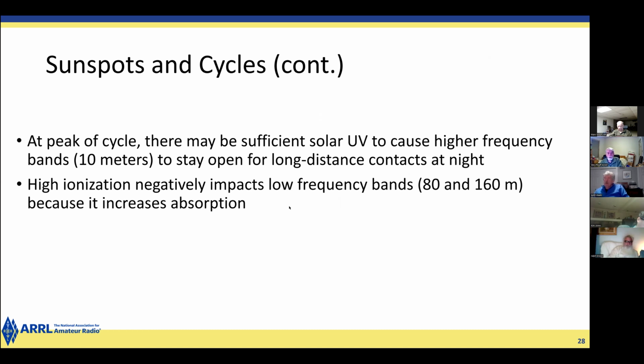The high ionization makes propagation on 80 and 160 meters worse, and that's also 24 hours a day.